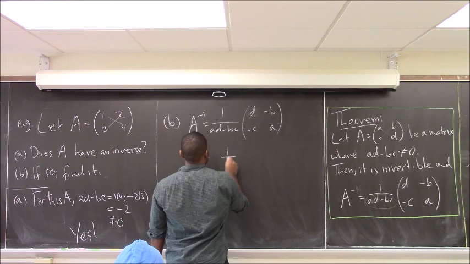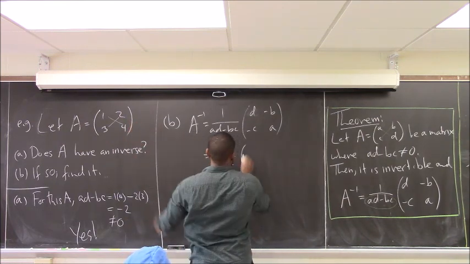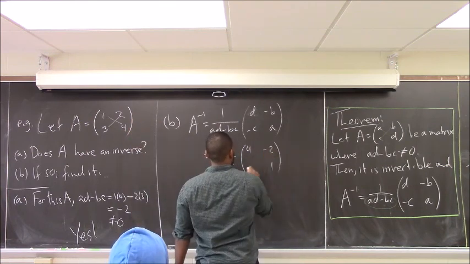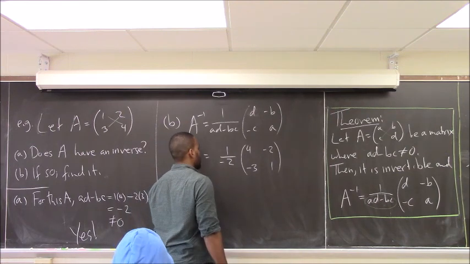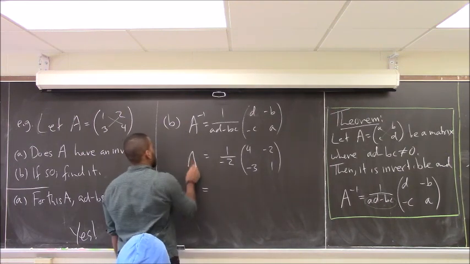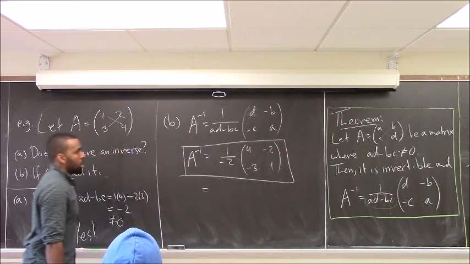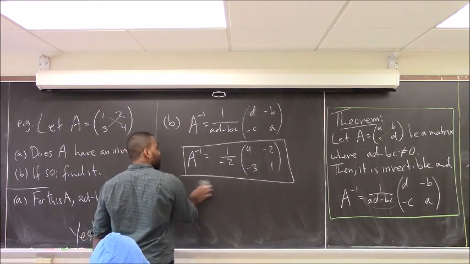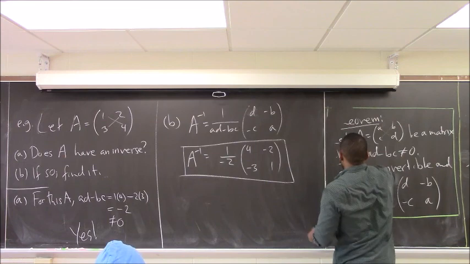So for us, that's going to be 1 over negative 2 times, going to swap the 4 and the 1, subtract the 2 and the 3. It's going to be that guy. Yeah, that's the answer. Nothing else to do here. Do you not multiply it out? I'm fine with leaving it like that. You could multiply it in, it'll be the same.